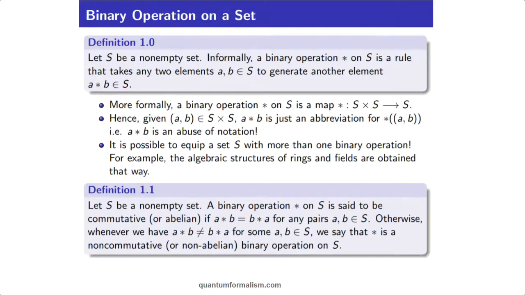So it's a rule. I give you a set, and here's this rule of taking two elements of the set S, and then you generate a third element in S. If you want it to be more formal, it's actually a map from the Cartesian product of S to S. Essentially this thing of A star B is just an abbreviation for the actual map star of the pair AB.